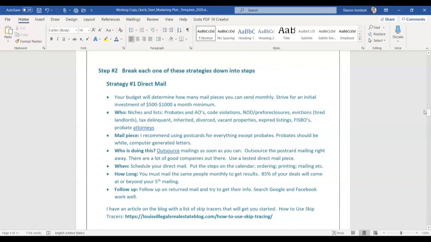So you have to determine, where do you fit into this? Now, you know where I fit. I like probates. It's the one place where you can find an endless supply of needs where they need to sell the properties. But there are also a lot of other things that you can drop into the direct mail funnel. Absentee owners, code violations. Code violations is a list that you get locally.